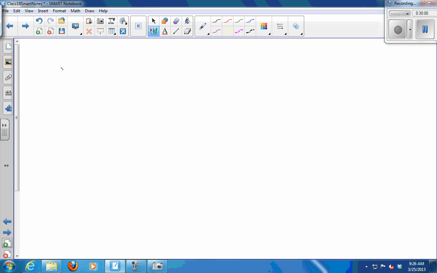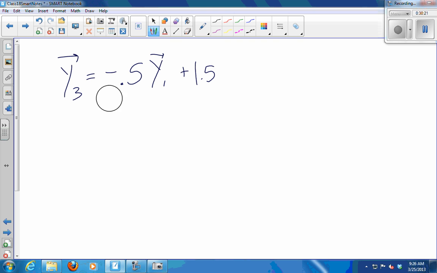So my final solution was y3 is going to be 1/2 y1 minus 1.5 y2. Oh, thanks. And then I could actually do this out and get a vector that shows my x of t and my y of t.